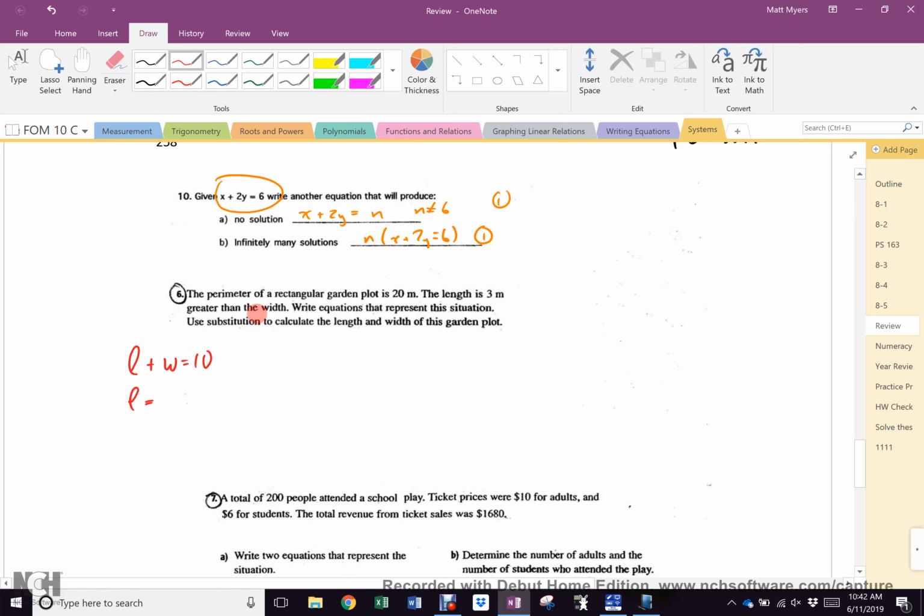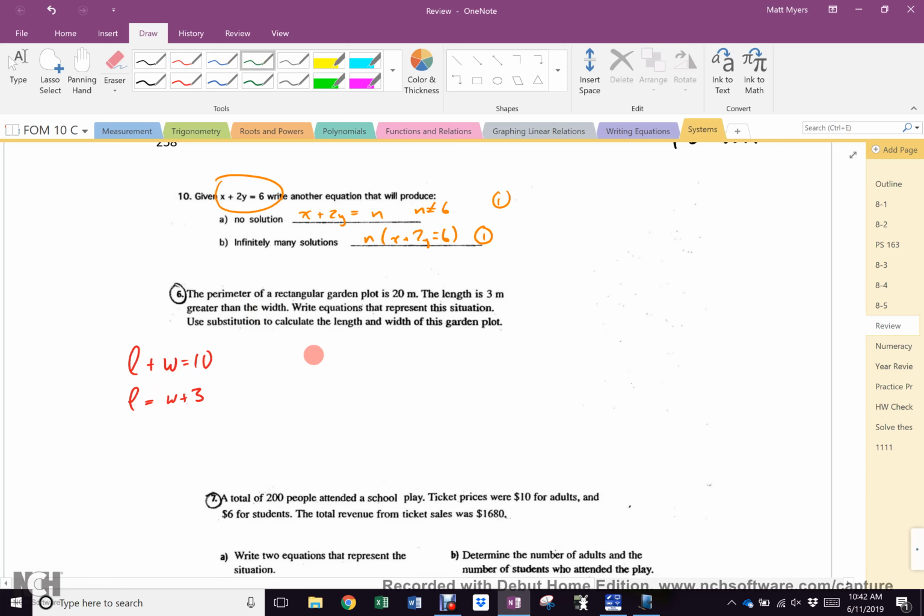Well, what's the width? No, the width is W. So what's the length if it's 3 meters greater than W? No, that's 3 times. Right, W plus 3. This is the proper way to do this question.